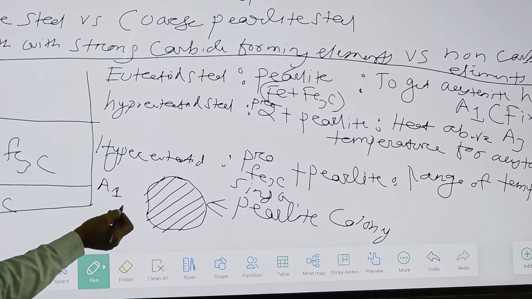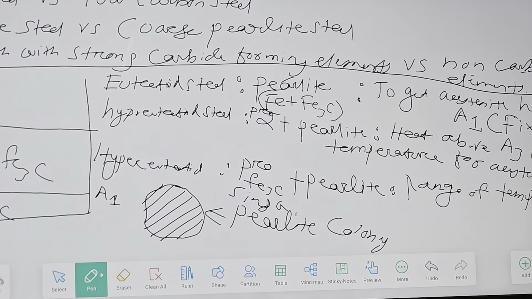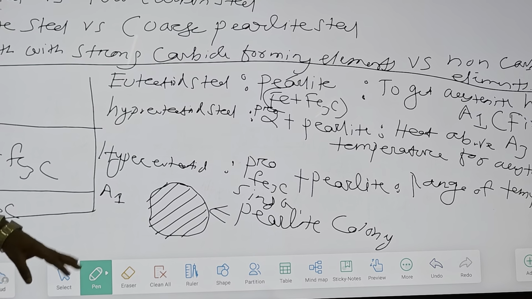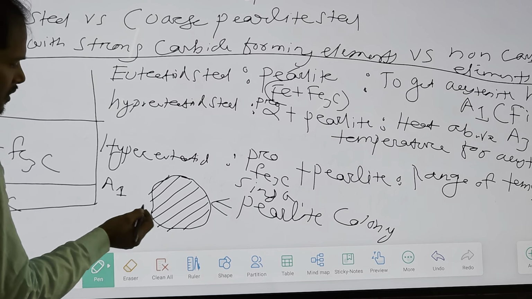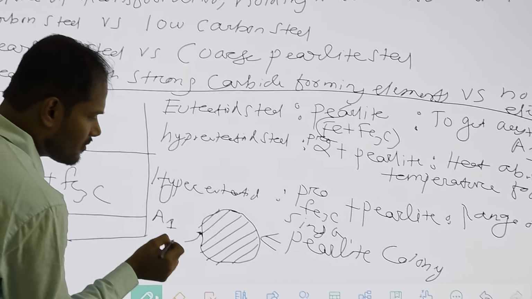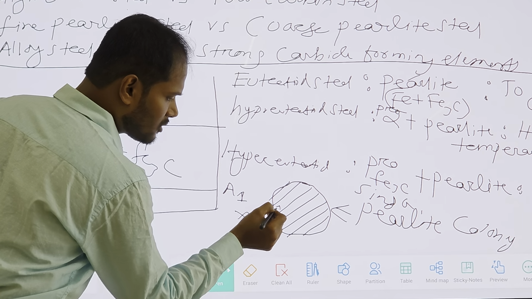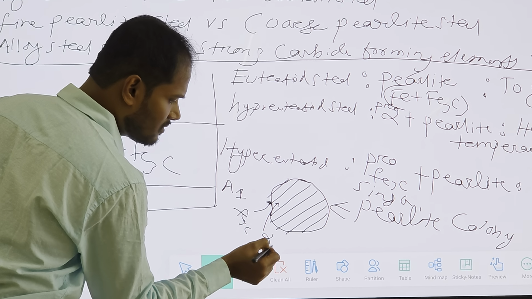Fine. So you can see darker and white regions are there, alternating darker and white regions, or bright and dark regions. So suppose this darker region you just consider as Fe3C, and the white or bright region you consider as alpha.